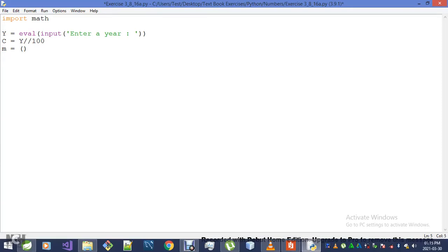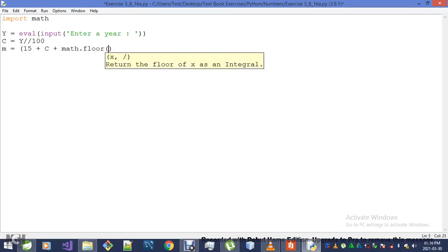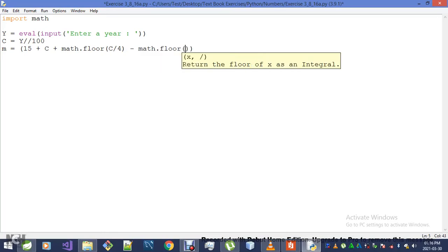I simply go 15 plus capital letter C plus math.floor. This might be the tricky part, you guys, but again, it's straightforward if you ask me. So it's C over 4, minus math.floor of 8 multiplied by C plus 13.